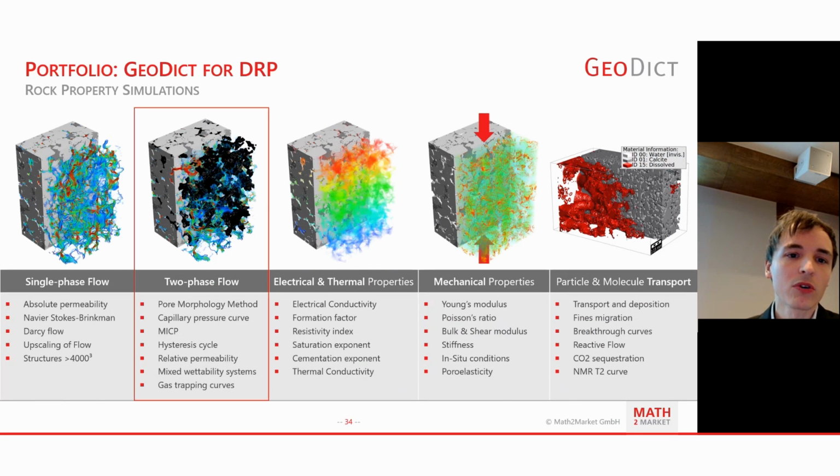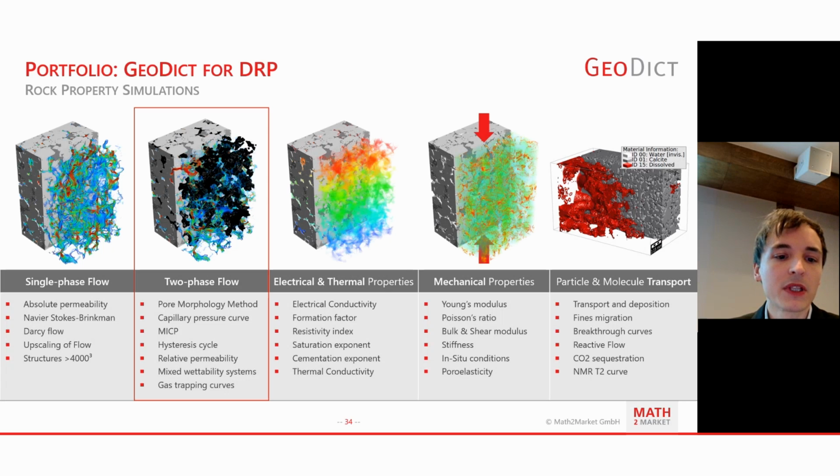I'm going to focus on the two-phase flow properties in my part of the talk, which would cover the pore morphology method in general, but also computing capillary pressure curves. With our approach of the pore morphology method, it is also possible to compute not only two-phase flow, but also MICP, which is, generally speaking, not a real two-phase flow because the only phase that is involved is the mercury.